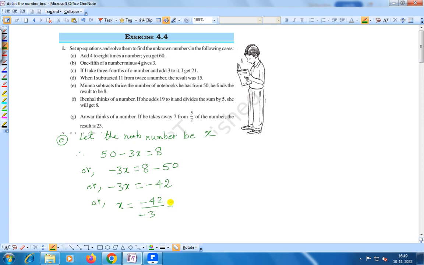It comes to 14. Or x is equal to 14, which is the required solution of the equation. Now question number F.